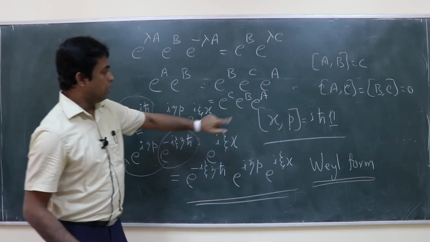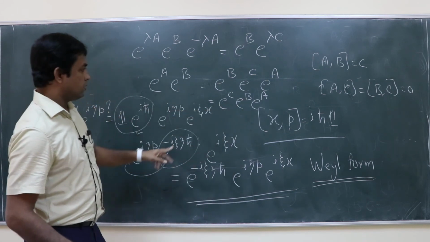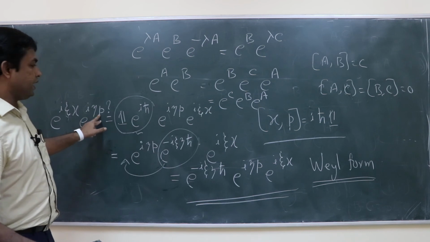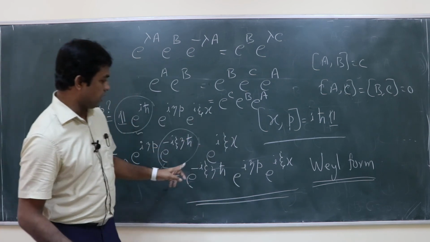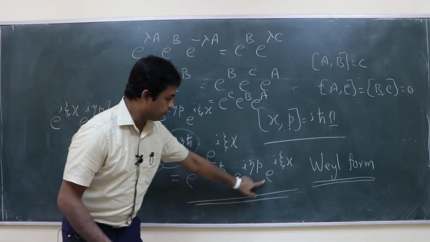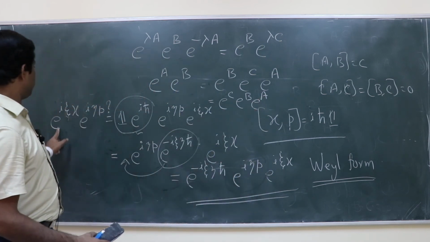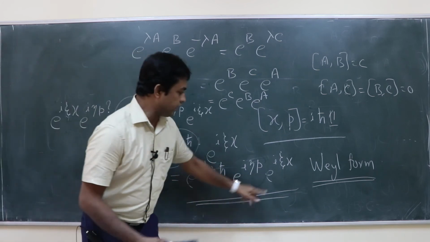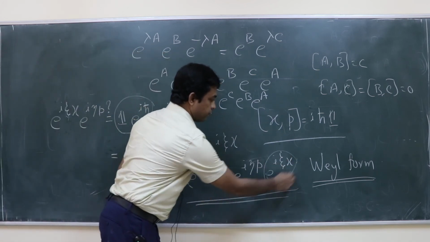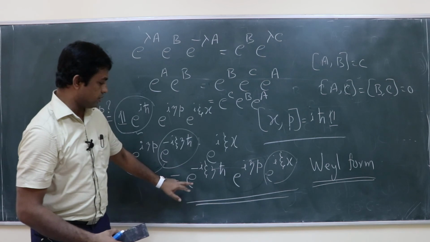Yes, sir. So e power b is what? b is p, right? i eta p, so that is basically this term. Then e power a is e power i psi x, so that is this term. And e power c is this term.